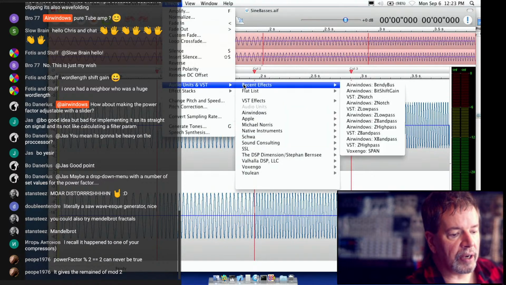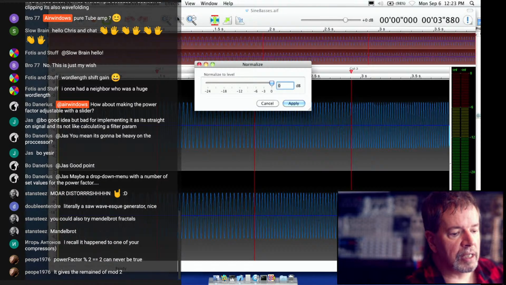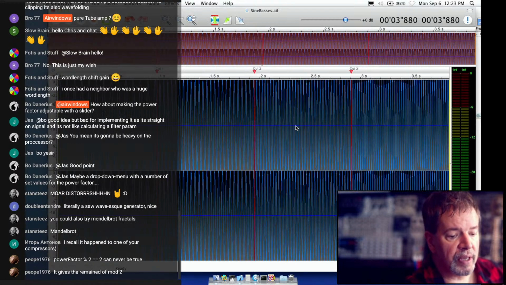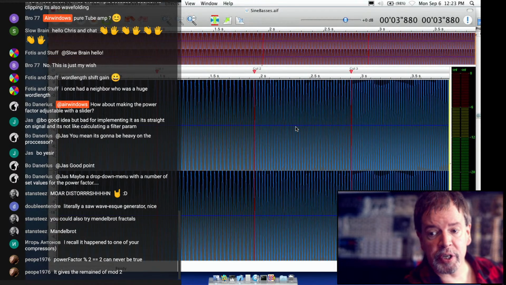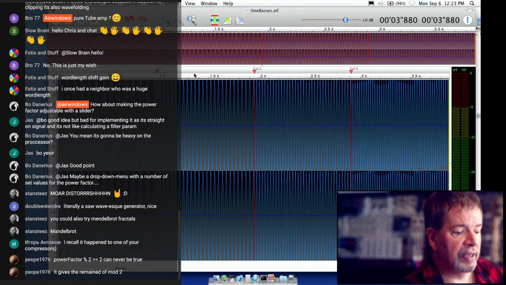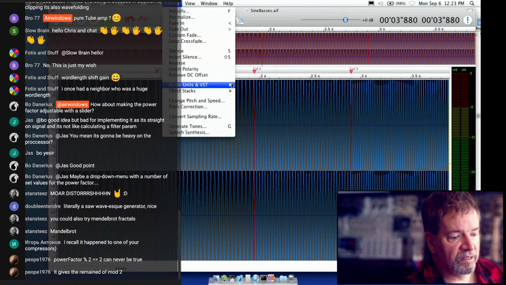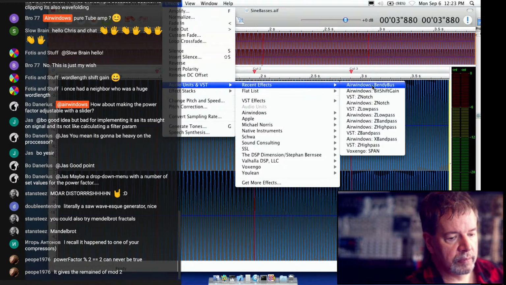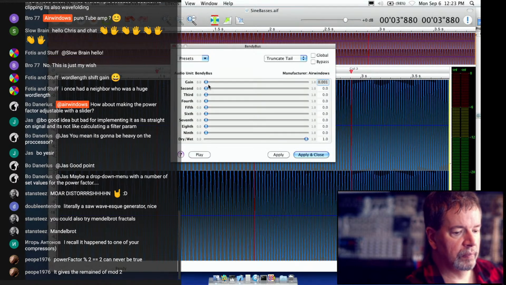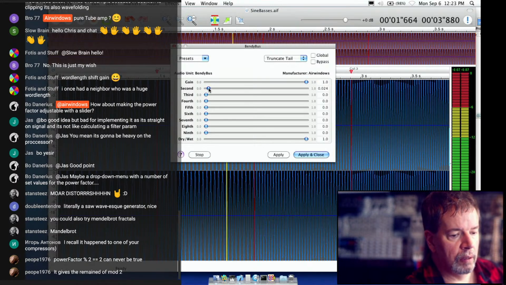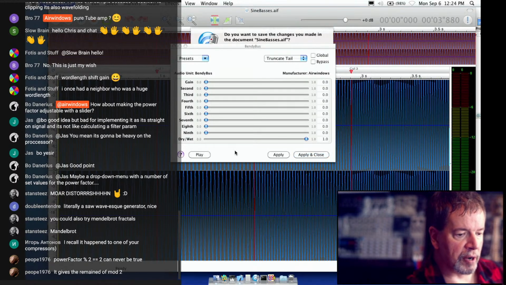And now we've got our, well, we got to normalize it first of all. Make sure that we have the most extreme possible results to have. Then gain of 1. Oh, wait, hang on. Something's wrong.